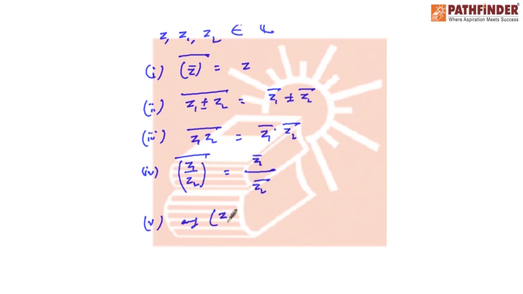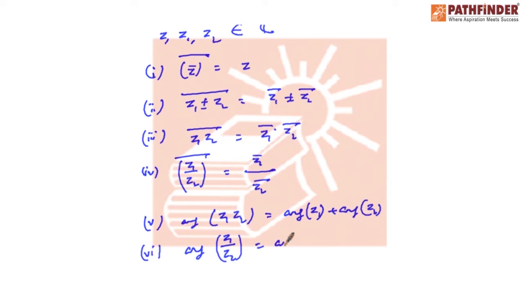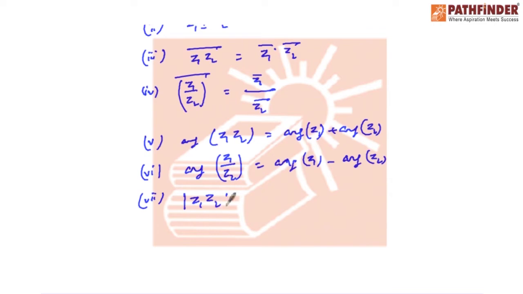Argument of z1 z2 is equal to argument z1 plus argument z2, and argument of z1 by z2 is equal to argument of z1 minus argument of z2. Modulus of z1 z2 is equal to modulus z1 multiplied by modulus z2, and modulus of z1 by z2 is equal to modulus z1 divided by modulus z2.